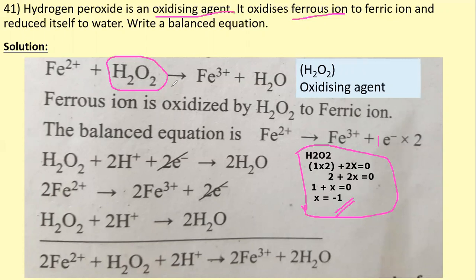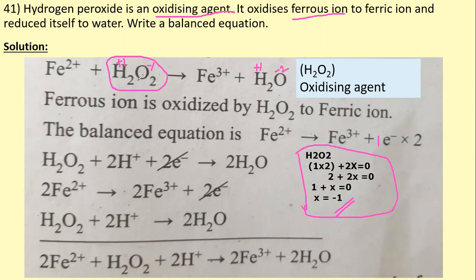So in H2O2, oxygen has the oxidation number of minus 1 and hydrogen has plus 1. Again, in H2O, hydrogen has the oxidation number of plus 1 and oxygen has minus 2.